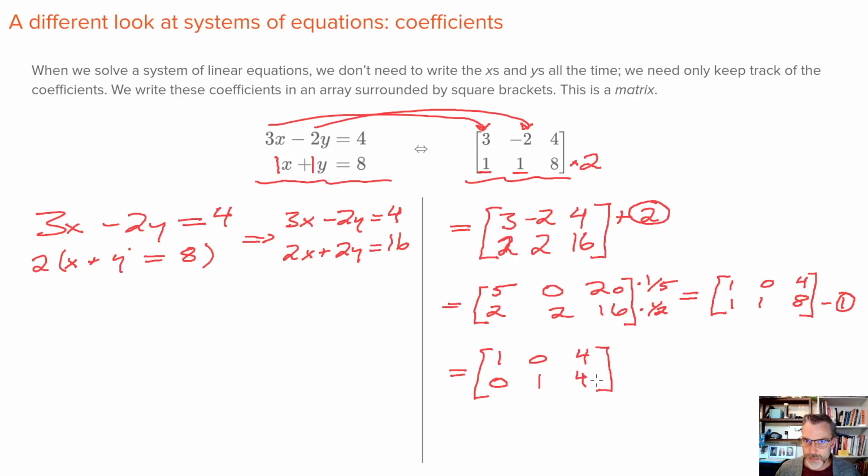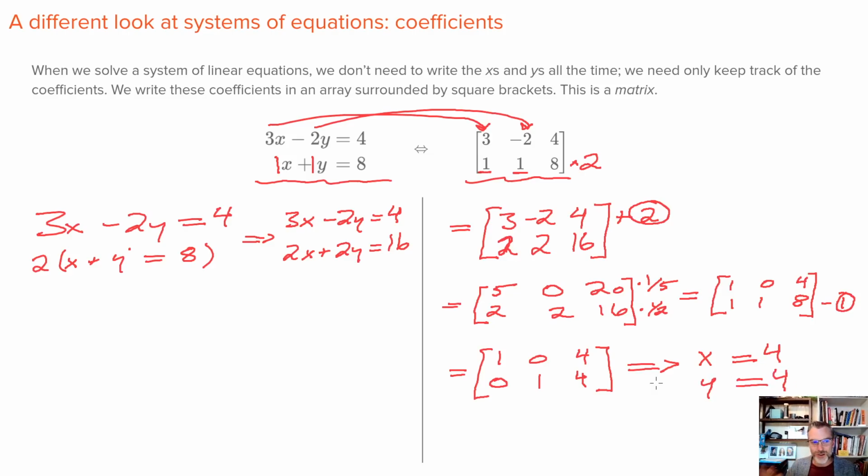I'm going to stop there with those row operations and reinterpret this in terms of a system of linear equations. The first one would read 1 times x plus 0 times y equals 4. And the second row reads as 0 times x plus 1 times y equals 4.